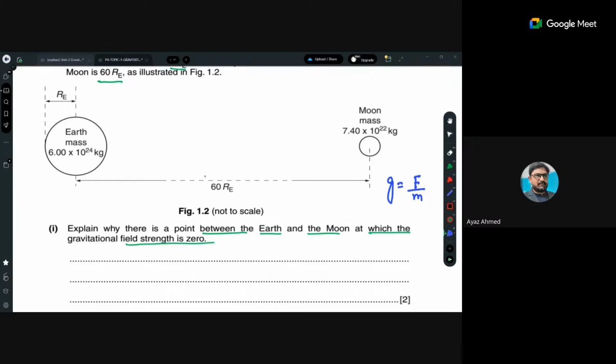For example, I am the mass m, moving to a point like this one. This is the force of the Earth, and this is the force of the Moon. If both are equal in magnitude, then the gravitational field strength will be zero.